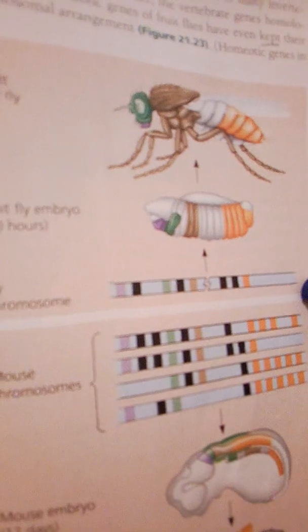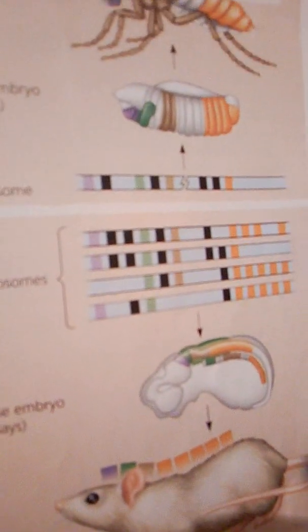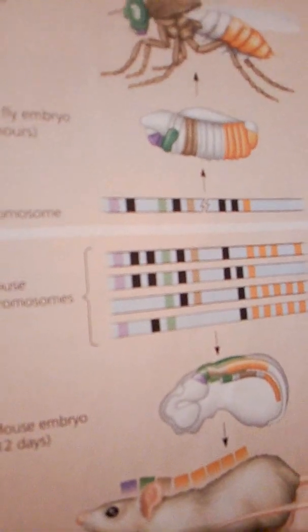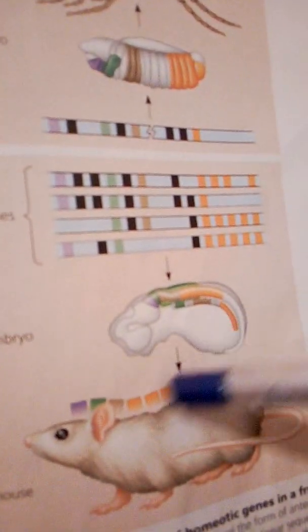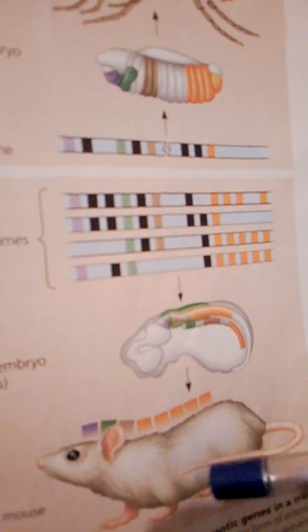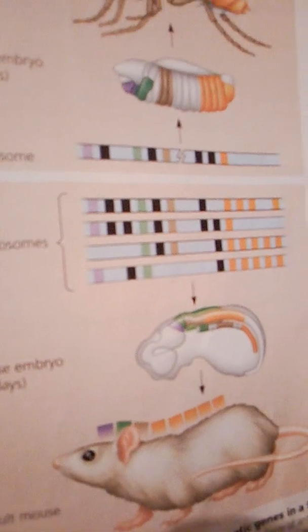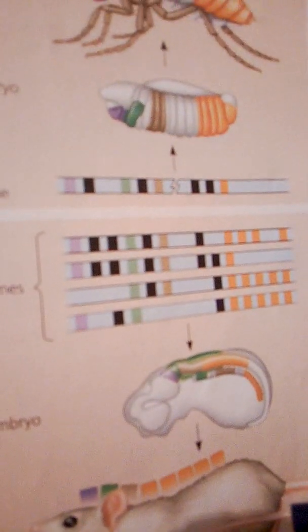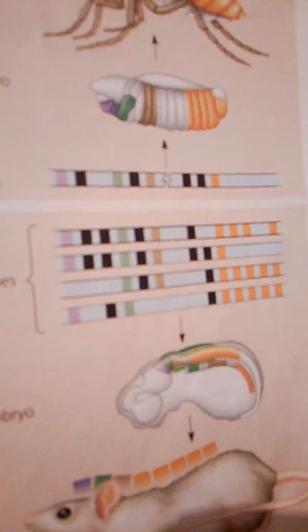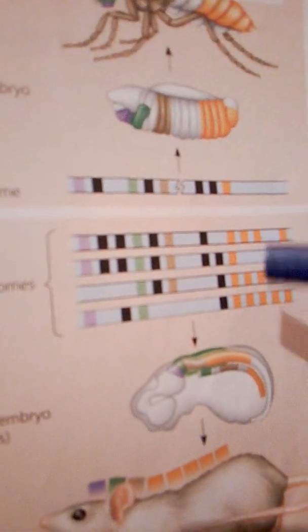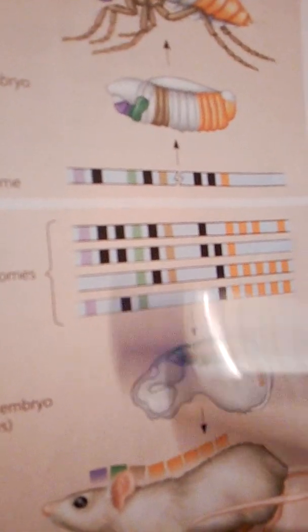The mouse and other mammals have similar sets of genes on four chromosomes. The color code indicates the parts of the embryo in which these genes are expressed and the adult body regions that result. All these genes are essentially identical in flies and mice, except for those represented by black bands, which are less similar in the two animals.